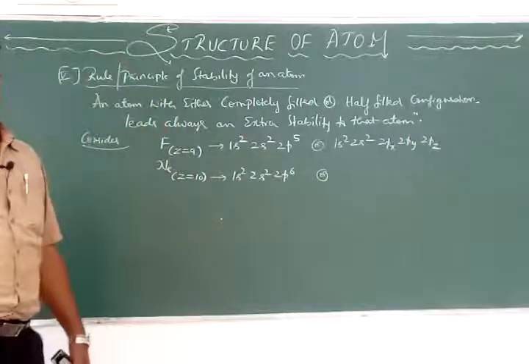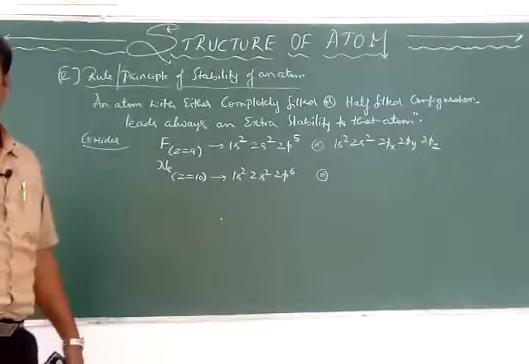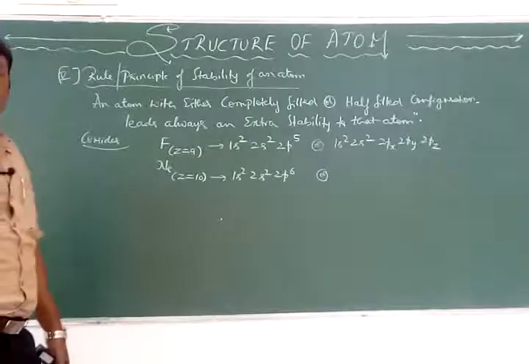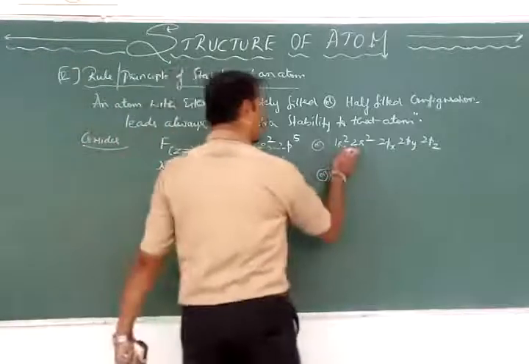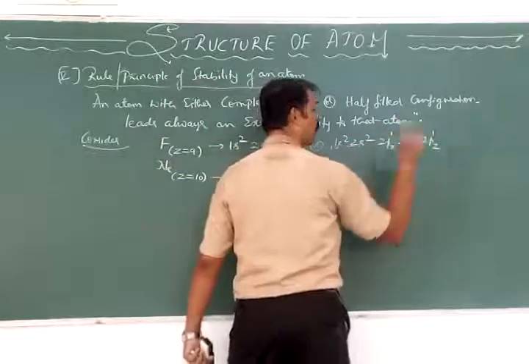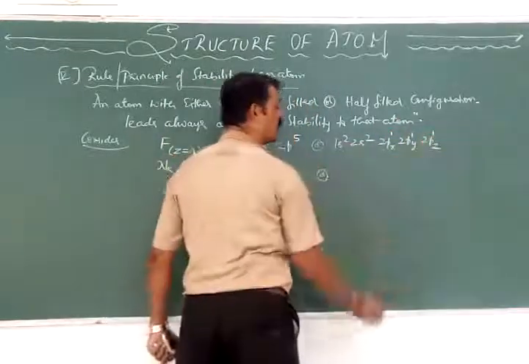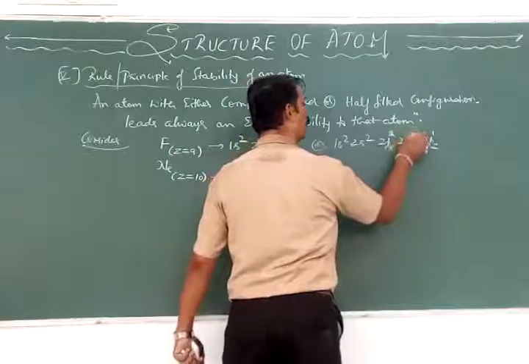Apply Hund's rule. In case of electron pairing in the same energy atomic orbitals, each orbital is first half filled, then it starts to get paired. So 1s2, 2s2 means 4, and 1, 1, 1 gives 4 plus 3, equal to 7. Then pairing starts: 2, 2, 1.